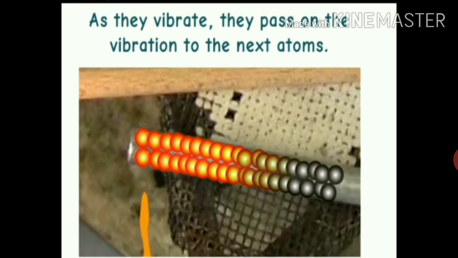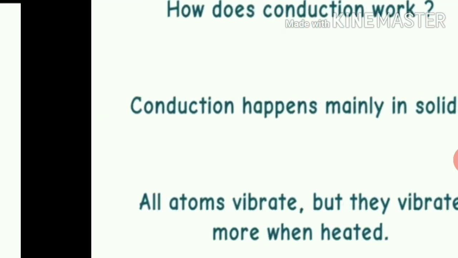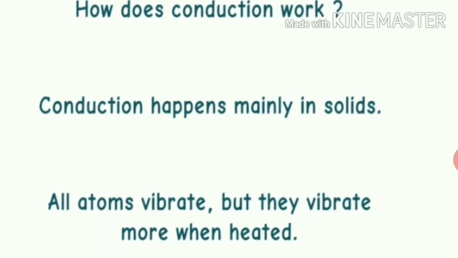They in turn pass the vibration on to their neighbors even further away from the flame, and so on. In this manner, heat energy is transferred from one particle to the next, although each individual particle remains in its original location. So students, now it is clear to you how conduction works.